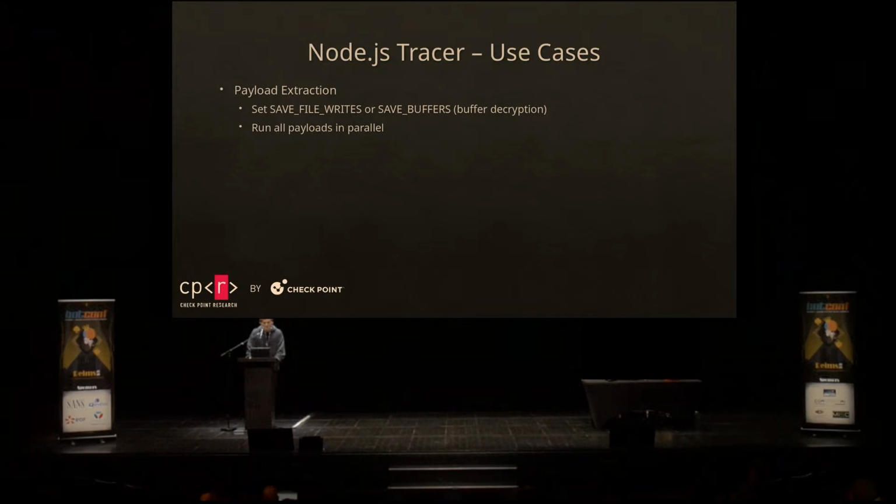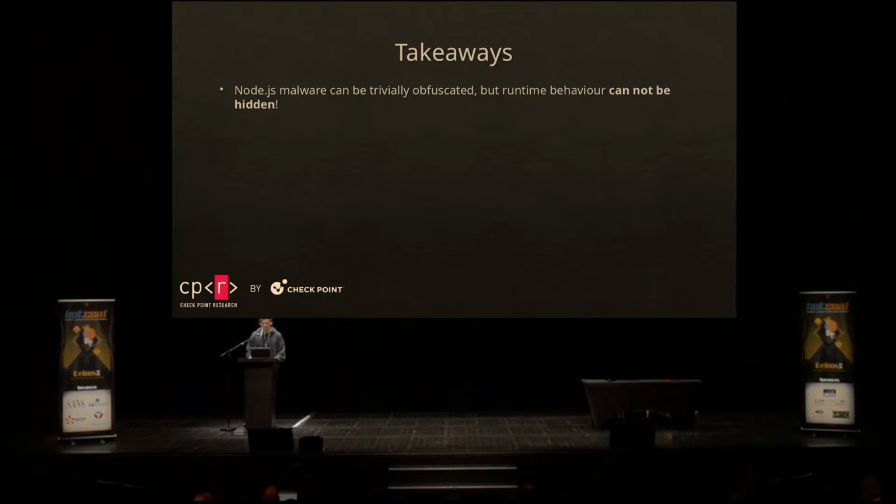Because this malware was getting the next stage, running it immediately, and then immediately deleting it, I couldn't really catch it otherwise. And I had like 120 samples of that, and I just ran them all in parallel through the tracer. And after 2 minutes, I had all the payloads saved to my directory. So that was also very useful, sort of like dynamic extraction of payloads.